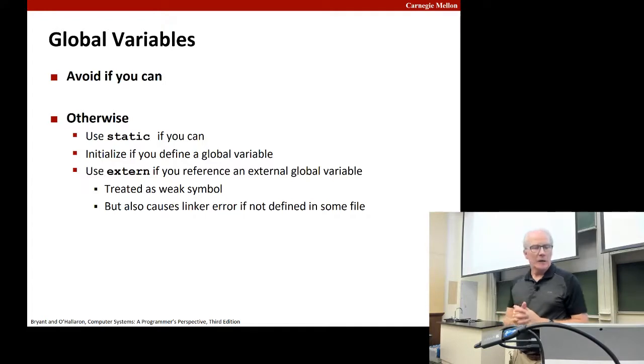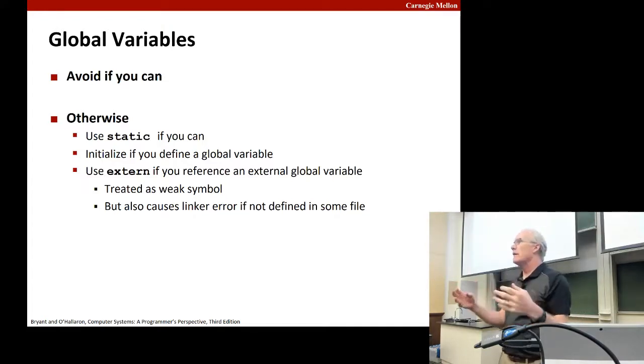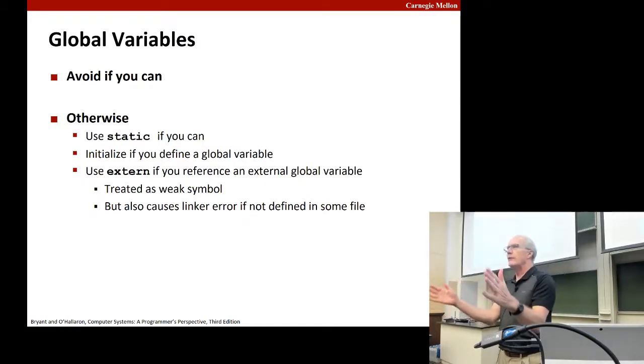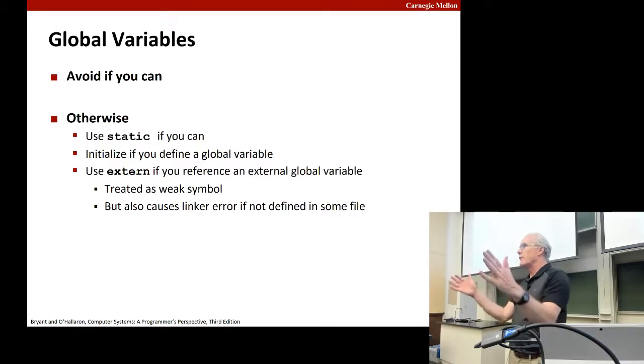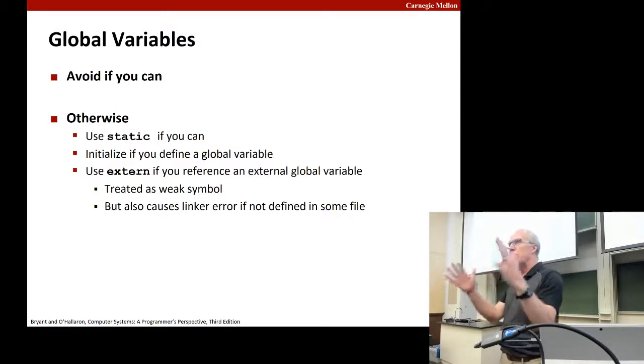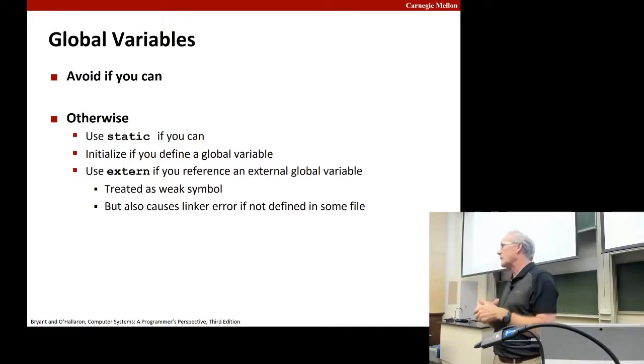You saw with weak symbols that in the end the linker will choose one and use that if there's no strong declaration. With an extern, if there's no strong symbol with that name somewhere, then the linker is going to complain. It says, you told me there'd be something called X, but I don't know what X is.